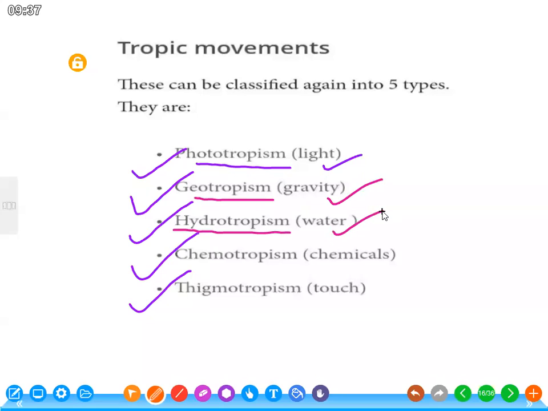Then chemotropism, chemicals. Then thigmotropism, touch. Okay? Phototropism, light. Geotropism, gravity. Hydrotropism, water. Chemotropism, chemicals. And thigmotropism, touch.